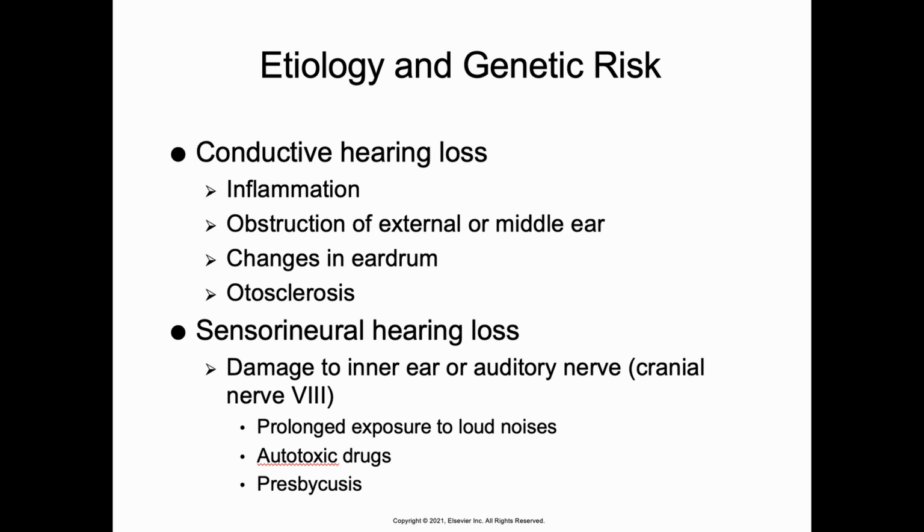This can be prolonged exposure to loud noises, ototoxic drugs, or presbycusis, which is degenerative of the cochlear nerve. It's estimated that 15% of the adult population between 20 and 69 years old develop this.